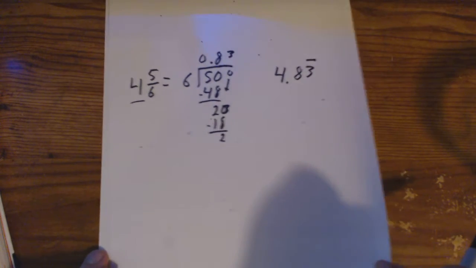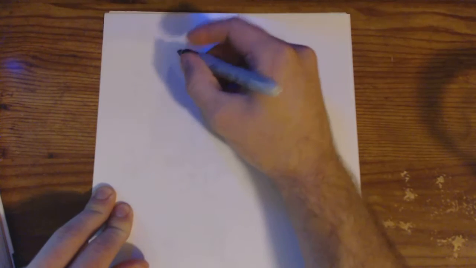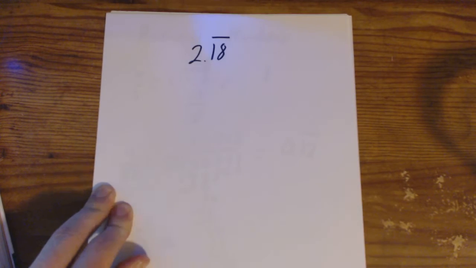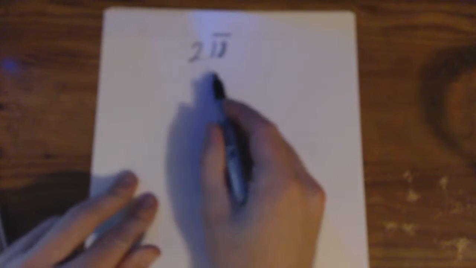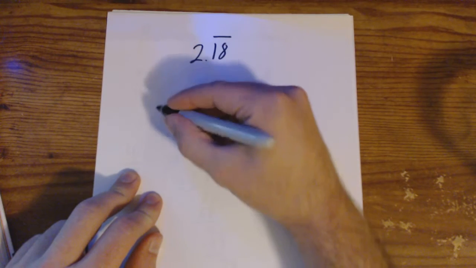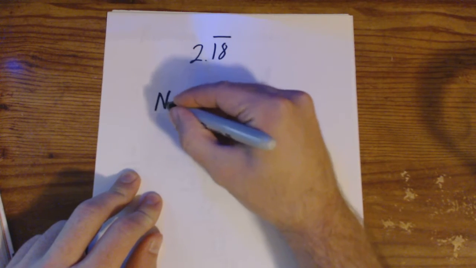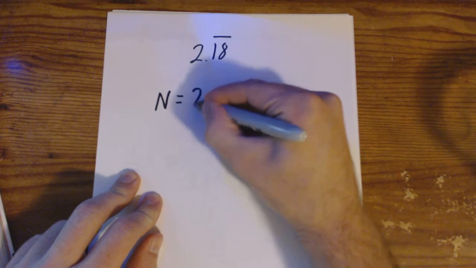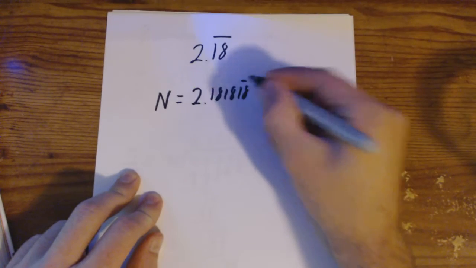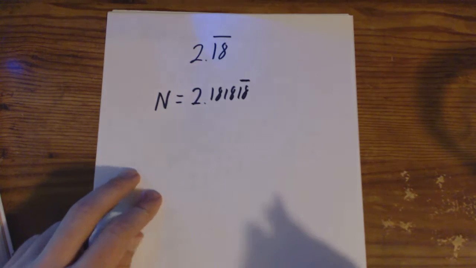So now let's do an example where we take a decimal and convert that into a fraction. We're going to take 2.18 repeating. That makes it a little bit more difficult when we have this 0.18 repeating. So the way we can set this up is we're looking for a fraction that is equal to this. So we're going to say there is a number n that is equal to 2.181818, repeating on for eternity.